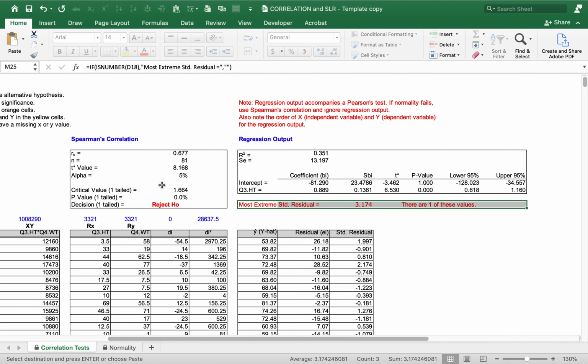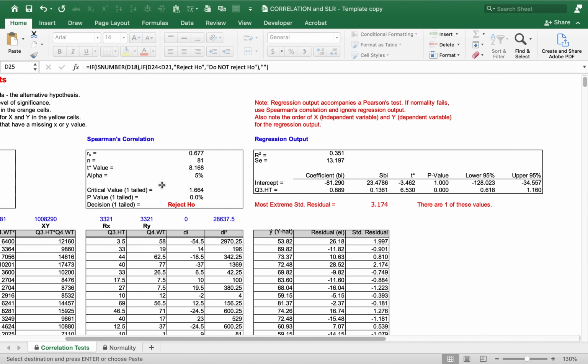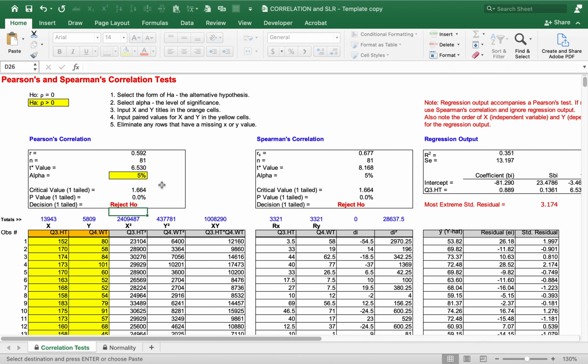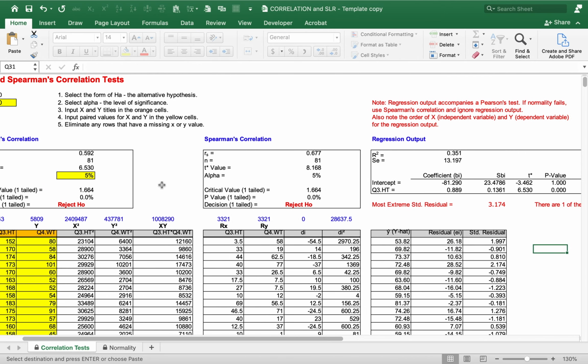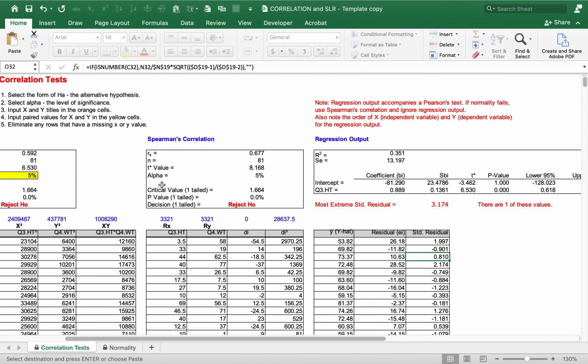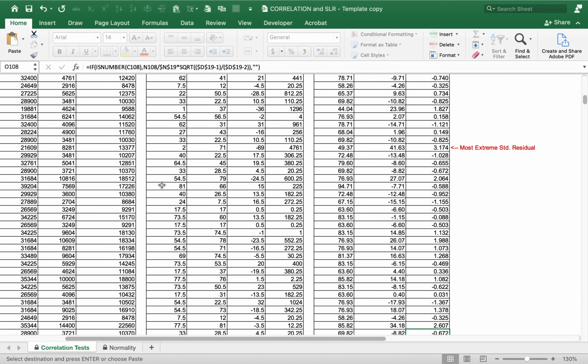So we might want to get rid of those extreme results and go and find out where those are. That particular one, we could probably find quite easily here. Where's the extreme residual here? Right there.